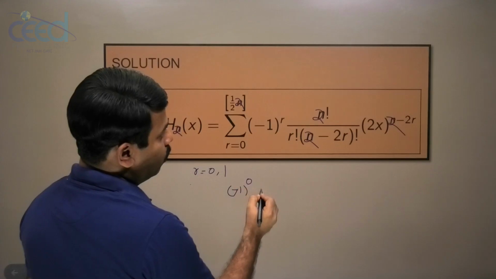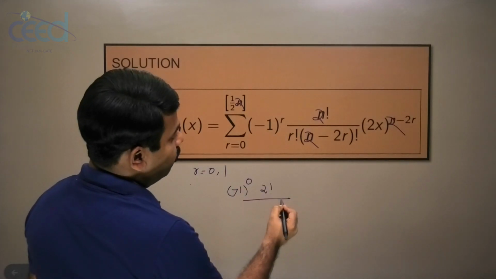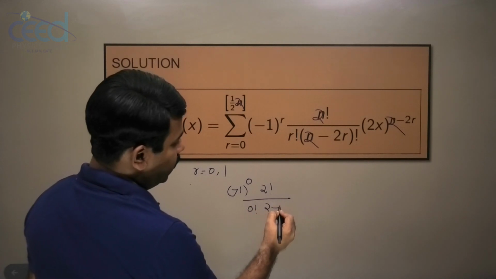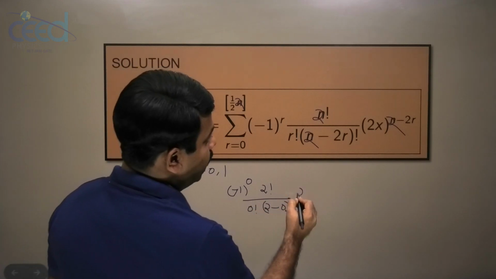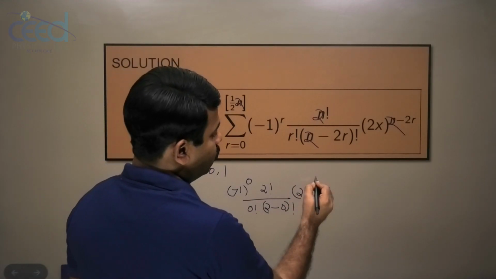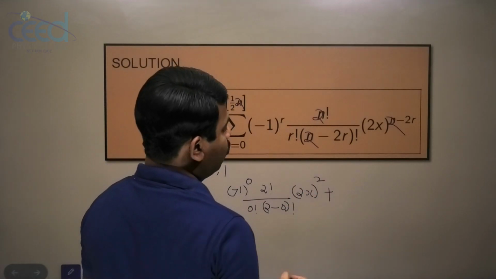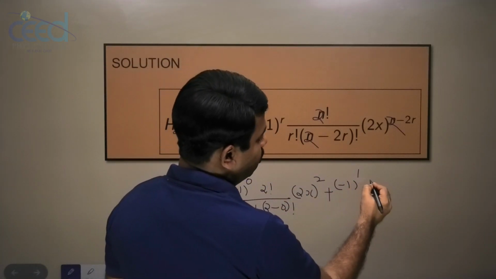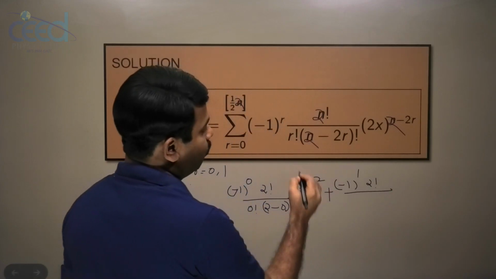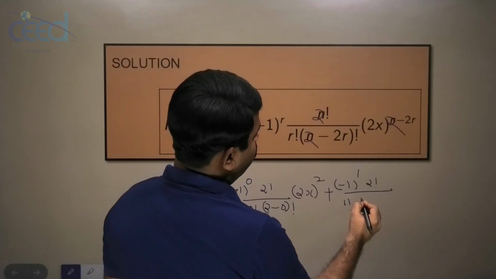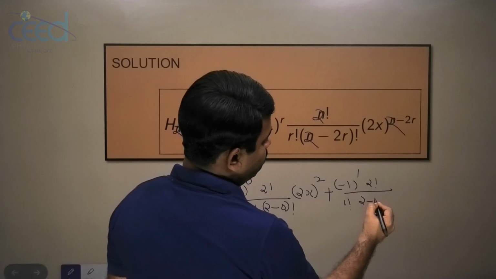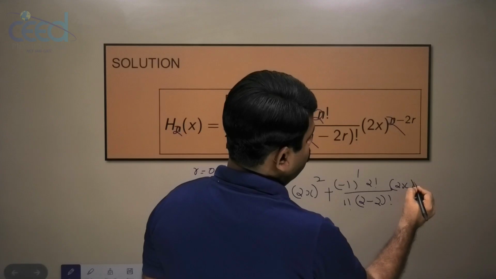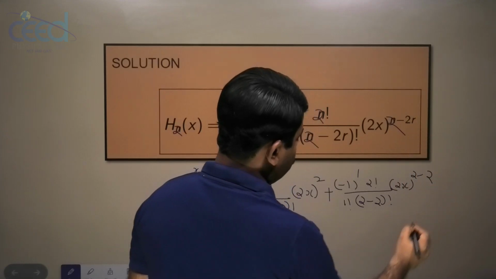Minus 1 raised to 0, 2 factorial divided by 0 factorial into 2 minus 0 factorial, and 2x whole square. Plus, now let us put r is equal to 1. Then minus 1 raised to 1, 2 factorial divided by 1 factorial into 2 minus 2 factorial, and 2x raised to 2 minus 2.